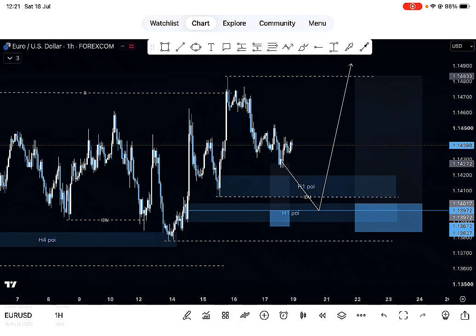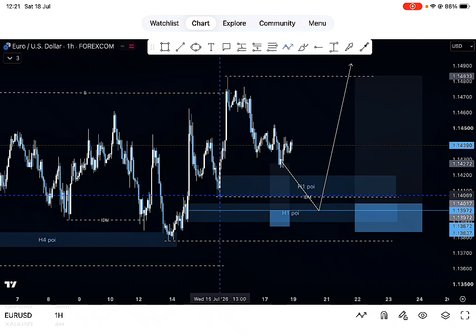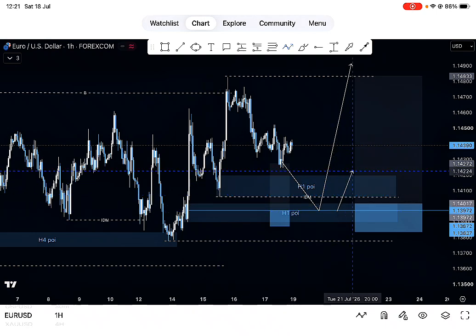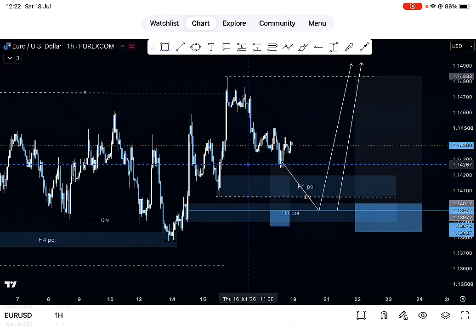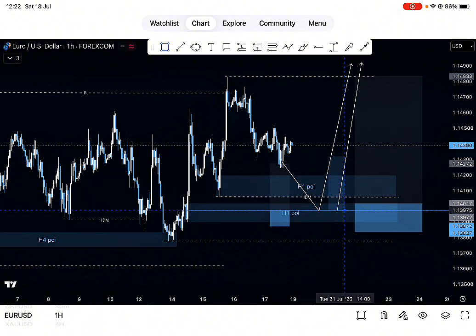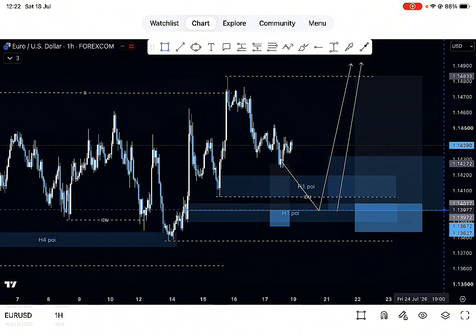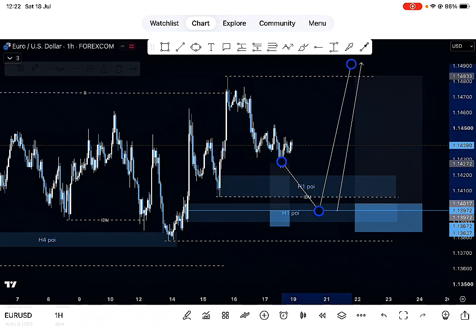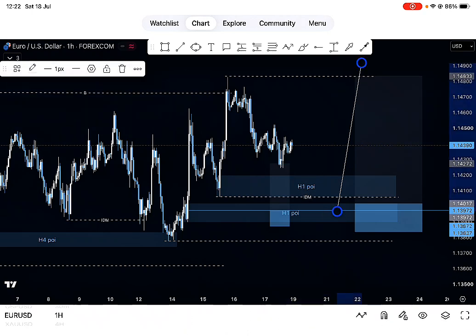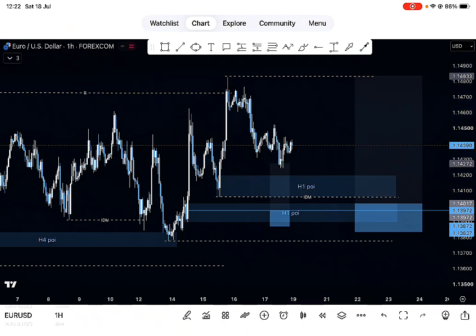If this place finally gets induced and the market taps into here and breaks this place, then this becomes a strong POI. This becomes a strong low because it took liquidity before it moved. You get? I hope this is as clear to you guys as it is to me.